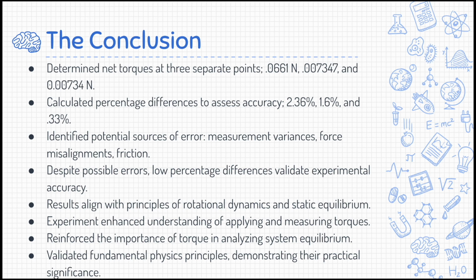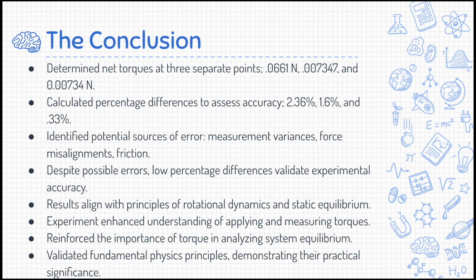To find the accuracy of our experiment, we calculated the percentage difference and obtained it by dividing the observed net torques by the average of the model values, which are the 3 calculated torques. The resulting percent difference was 2.36%, 1.6%, and 0.33%.